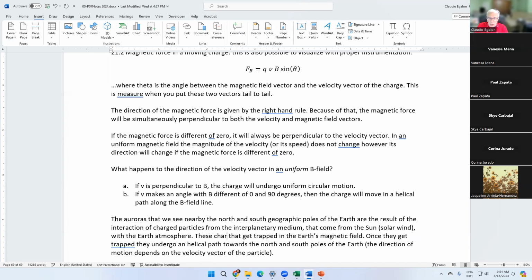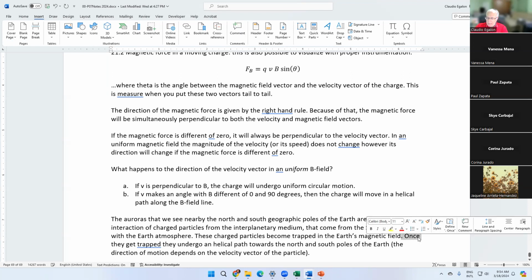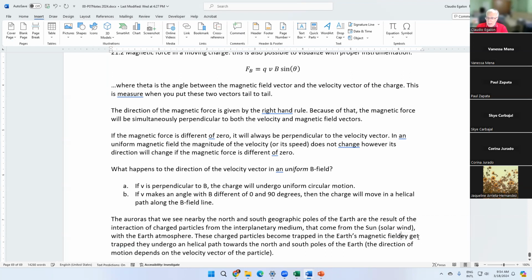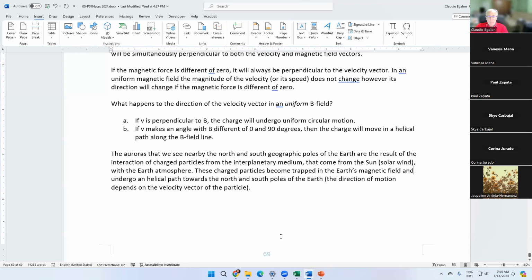These charged particles become trapped in the Earth's magnetic field and undergo a helical path towards the north and south pole of the Earth.